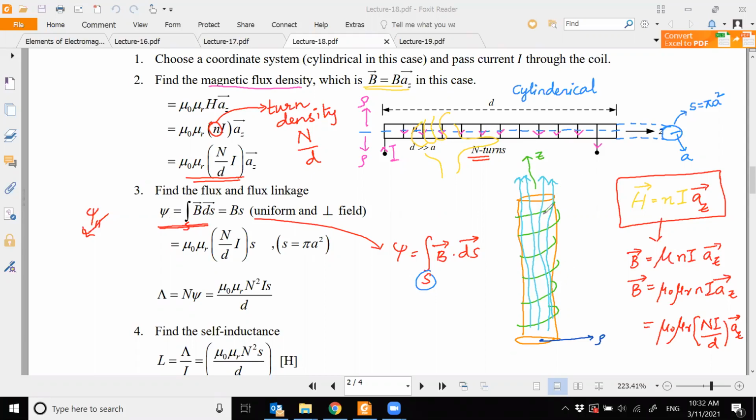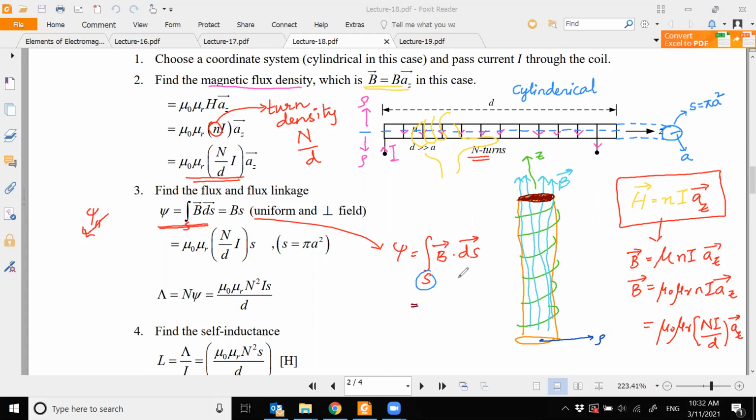Now I want to find the flux. So this magnetic flux density B, I need to integrate it over what surface? So the surface is that circular base along the z-axis. It has to be integrated over this surface, and that's why it is B dot dS. But since my B is constant, I do not require an integration.